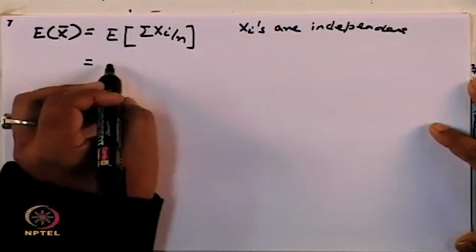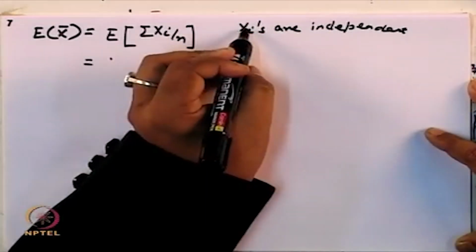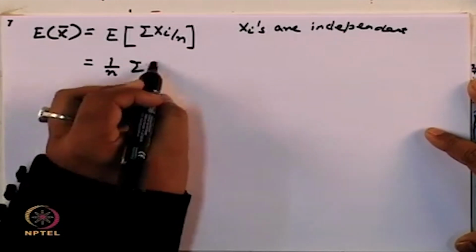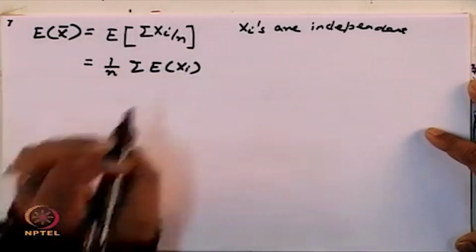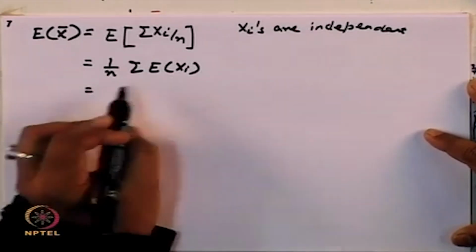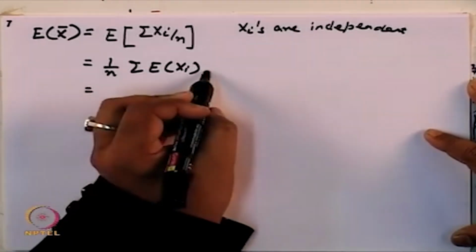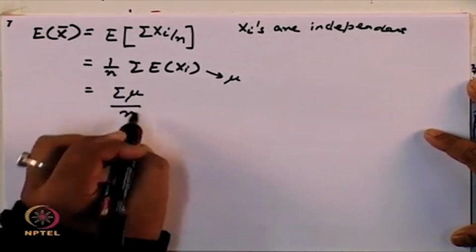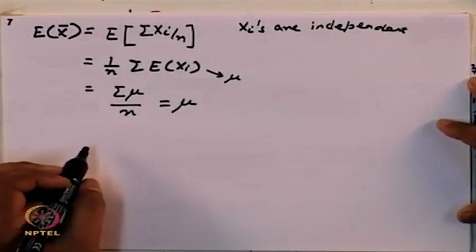I can write this as 1 by n summation expectation of xi. And what is the value of the expectation of xi? It is simply mu. So, I have summation of mu n times by n, which will return a value of mu.